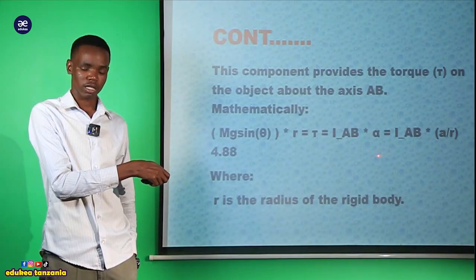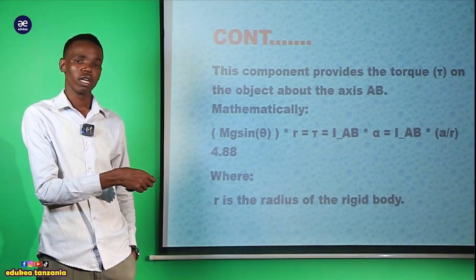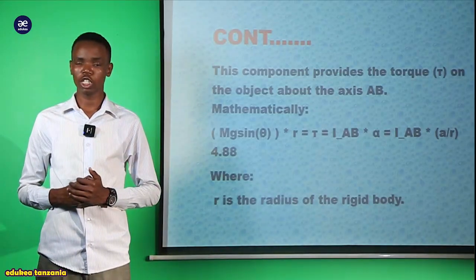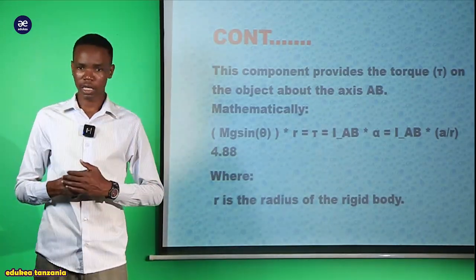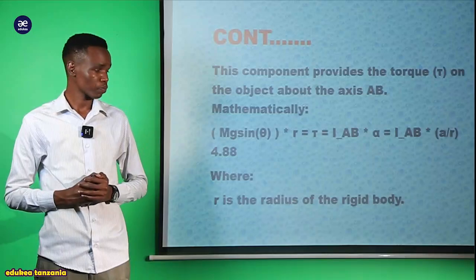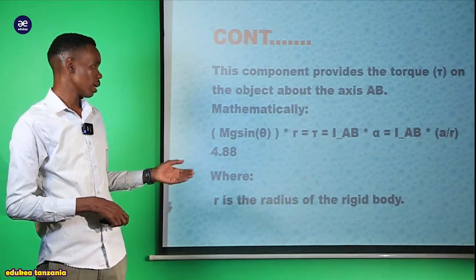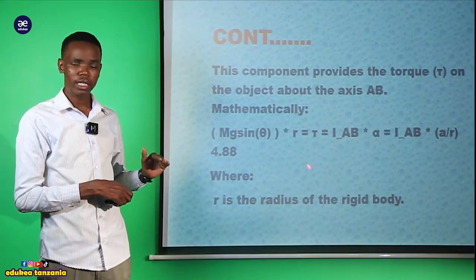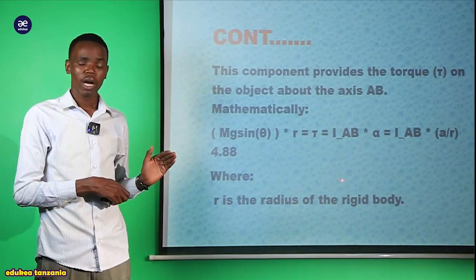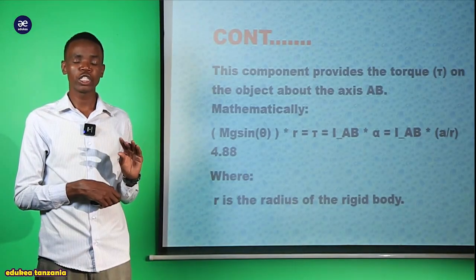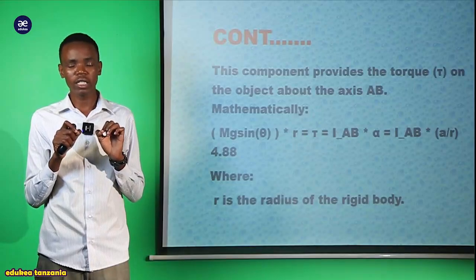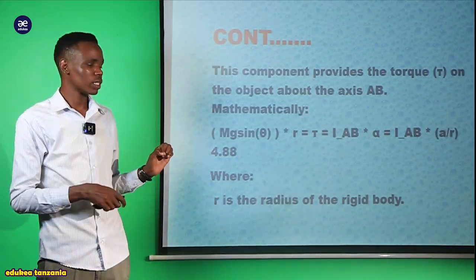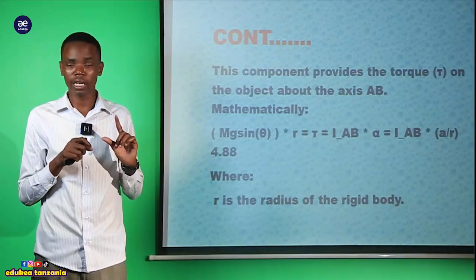Now, we also saw that sometimes we get the torque by taking the moment of inertia times the angular acceleration. So here we can conclude that mg sin theta times R represents the torque, which is equal to the moment of inertia about the axis AB times the angular acceleration.